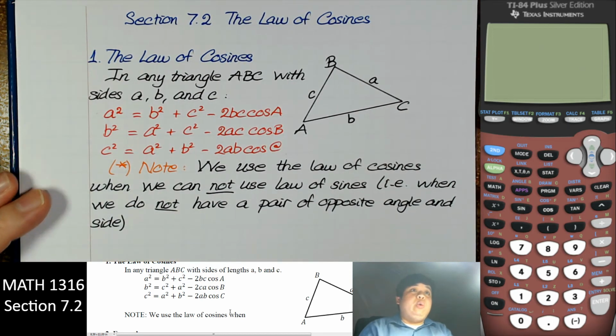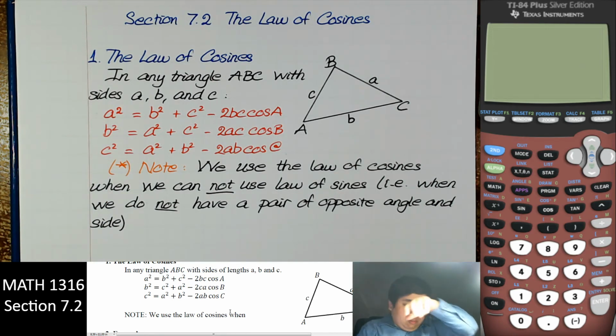So that is where we use the law of cosine, where we don't have a pair of opposite angle and side.